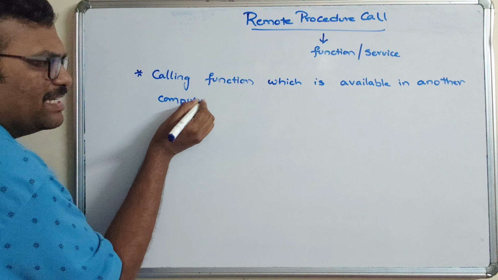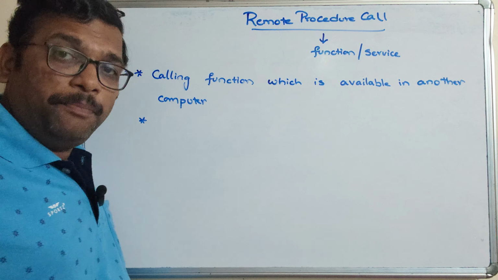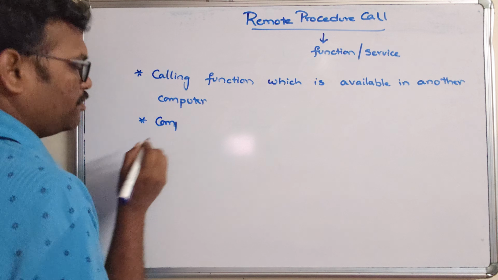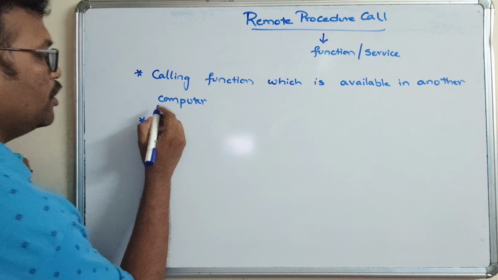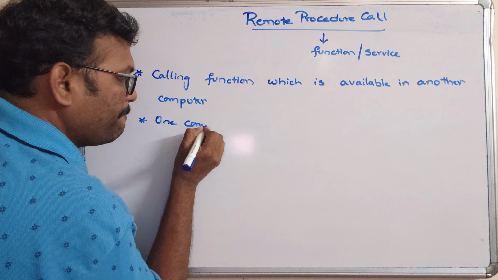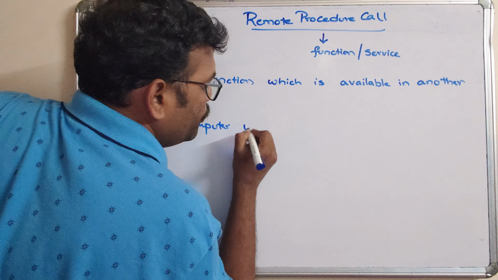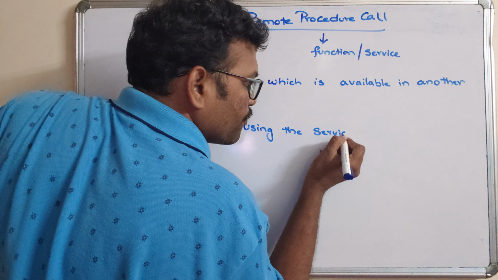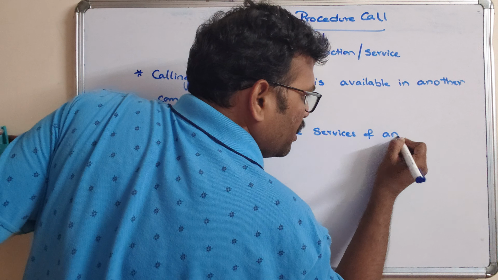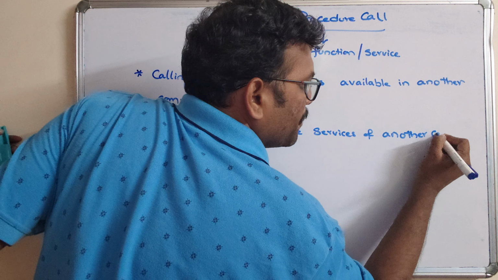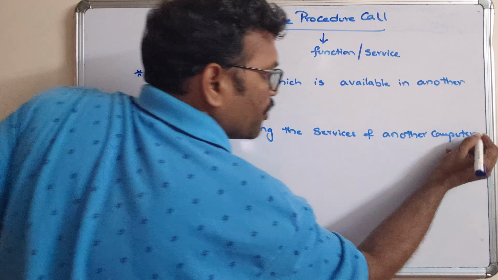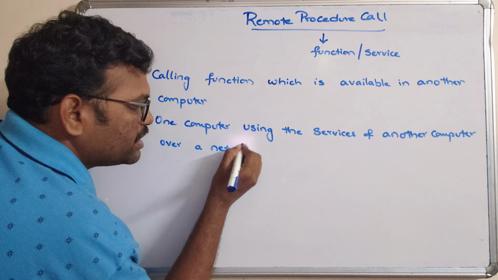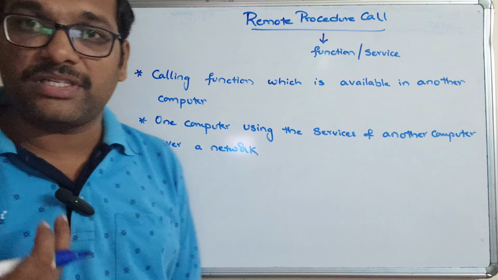So in other words, in simple words, what we can say means one computer using the services of another computer over a network. So the network is most important.